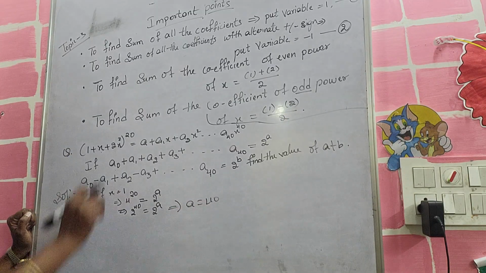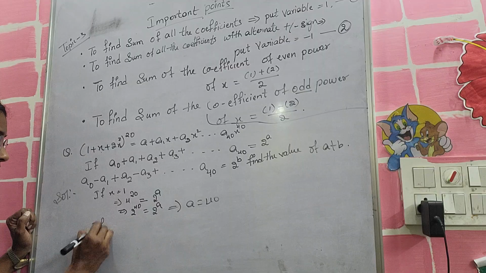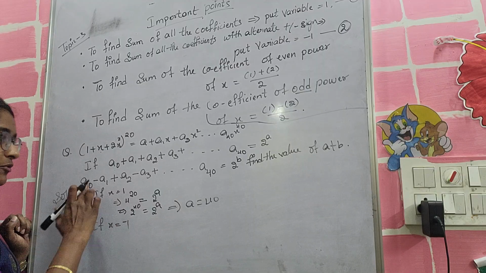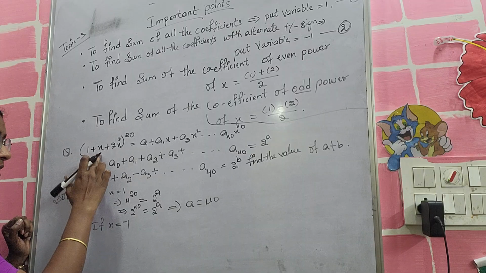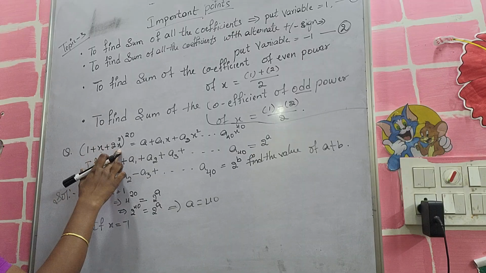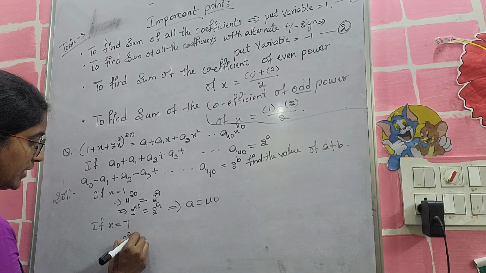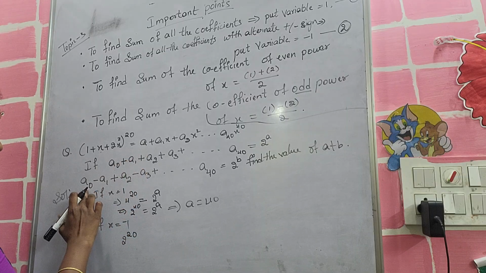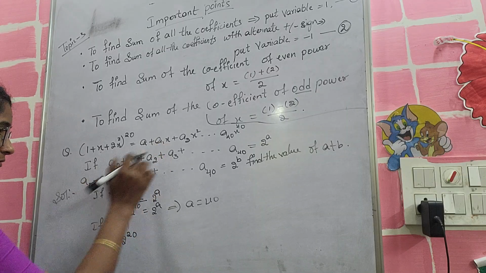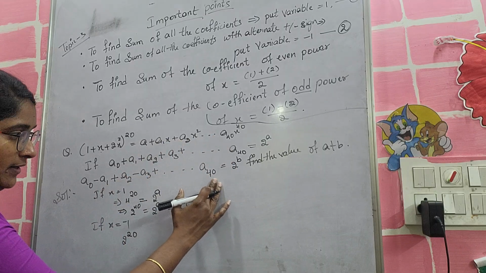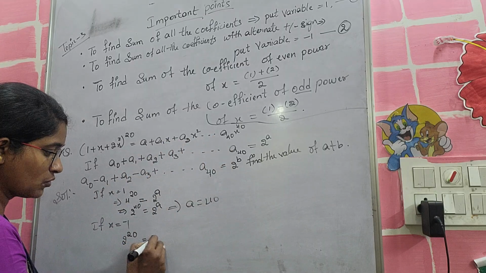Yes, then if I keep x = -1, what am I going to get here? 1 - 1 is 0, and (-1) squared is 1, times 2 is 2. So 2 power 20, then I am going to get a0 - a1 + a2 - and so on. That equals 2 power b.